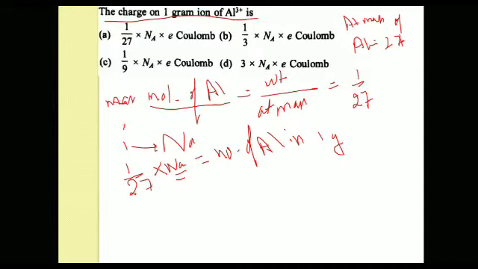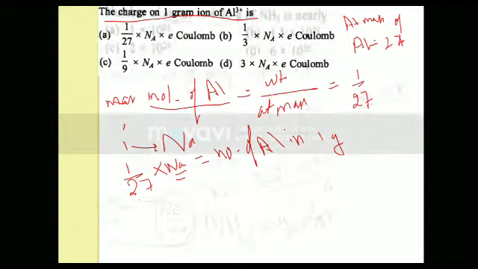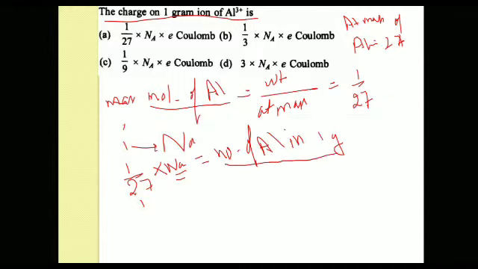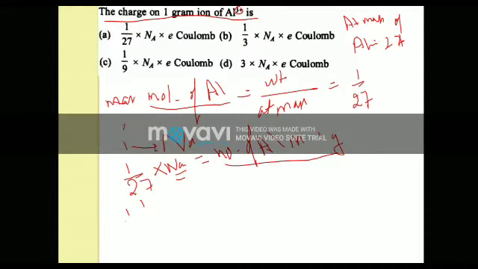Now, 1 aluminum has 3 plus charge. So now, 1 aluminum has how much charge? 3 plus charge. Correct. So now you have to multiply this by 3.